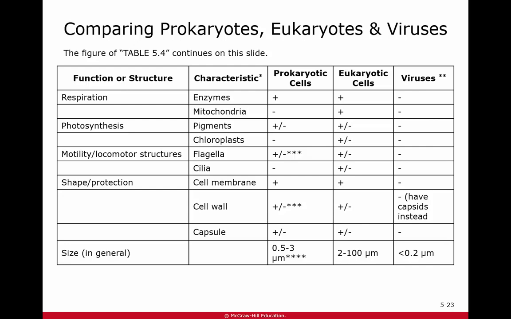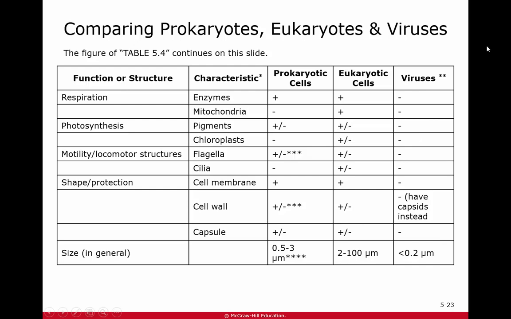So I won't take time to go through each one of these, but I would just say it might not be a bad idea to take that objective number 3 and divide it into 3 columns. So you have a column for prokaryotes, a column for eukaryotes, and then viruses are out here just to remind you that we do talk about them in this class, but they're not going to have all those cell parts because, again, they're not made of cells.